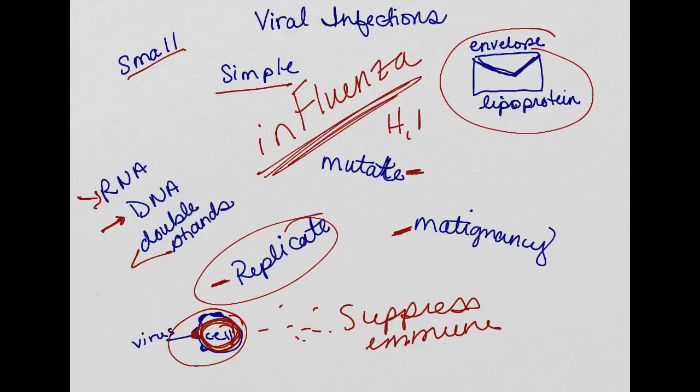So H1N1, or a variation of H1N5, there's a whole bunch of them. And now we have this new coronavirus out, and there's really no cure for viruses. That's what makes it so difficult, and why the CDC put out some precautions, because we don't want a lot of this coming into our country. We want to stop it. We don't need a coronavirus epidemic here. We already have an influenza issue.